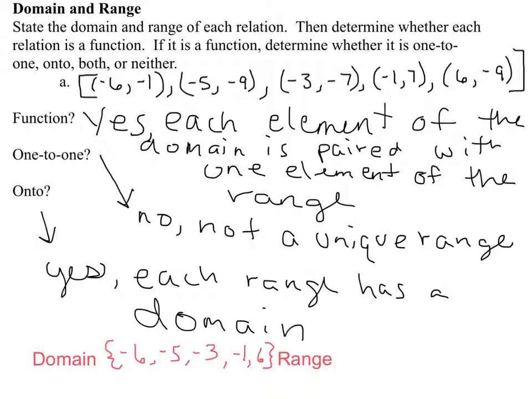And we always want to make these be in brackets. Then for our range, we're looking at the y values. We're going to have -1, -9, -7, 7, and then we do have another -9, but since we already wrote our -9 once, we don't need to write that again. So I'll close my brackets.